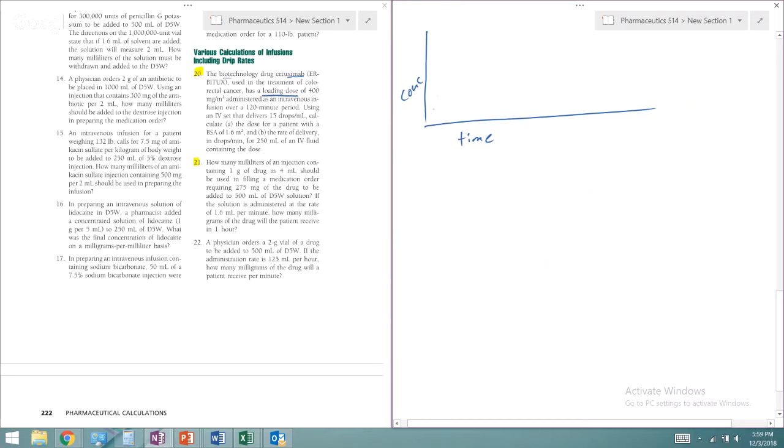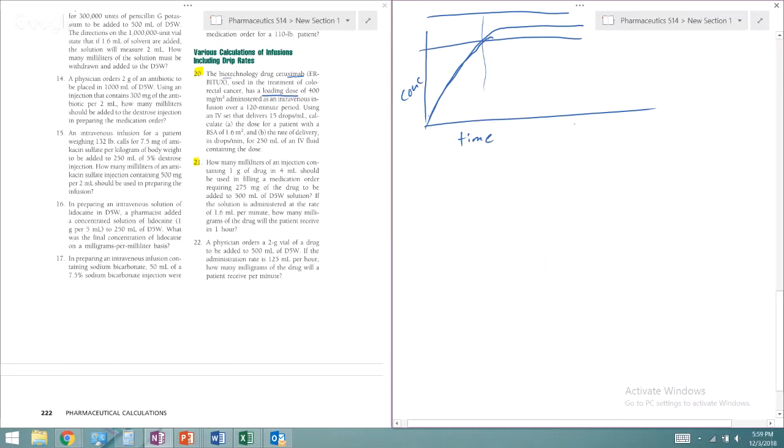And so what happens is that over time, you start an IV and the patient needs to get to the therapeutic window. So the therapeutic window is in here, but during this time, this patient is not being treated.